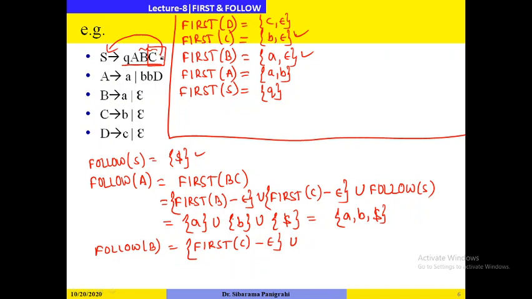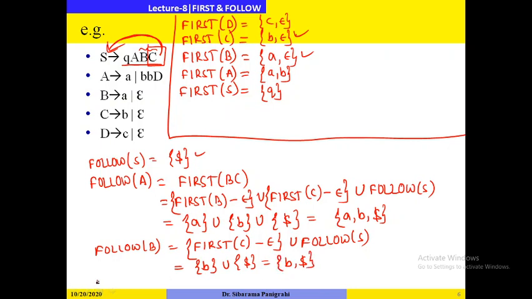After C is the last symbol, so you will have to add the follow of S. Okay. So union follow of S. So first of C minus epsilon is B. Union follow of S is dollar. So what you will get? You will get B and dollar.